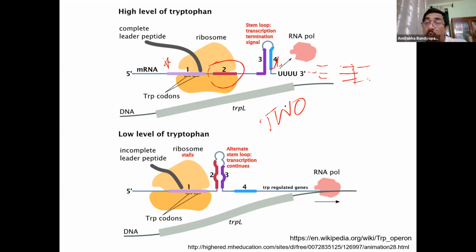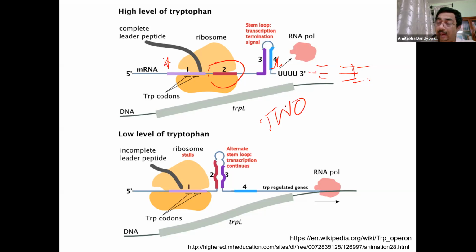But you have 2 tryptophan codons in region 2. Therefore, when the cell has a low level of tryptophan, the ribosome will not be able to cross this region 2. Why? Because there is no tryptophanyl tRNA in the tRNA supply. If there is no supply, the ribosome will stall there.